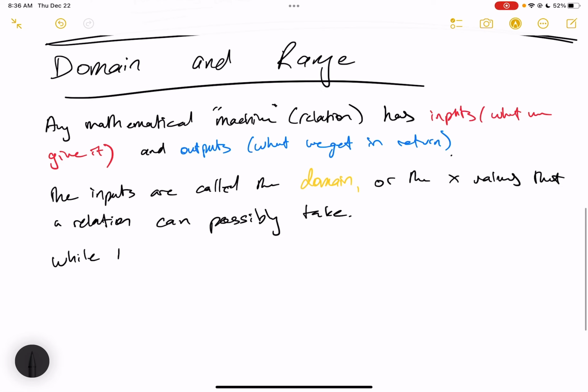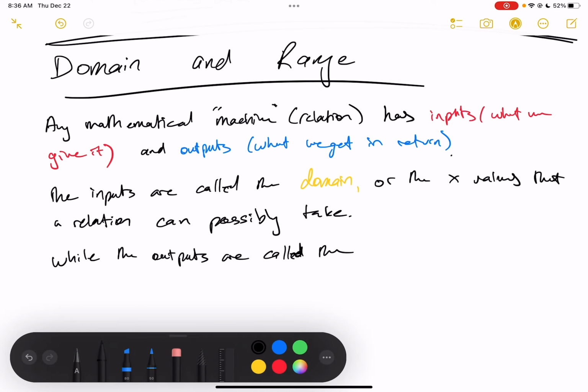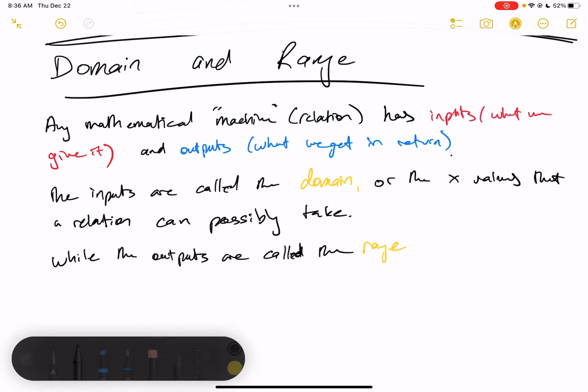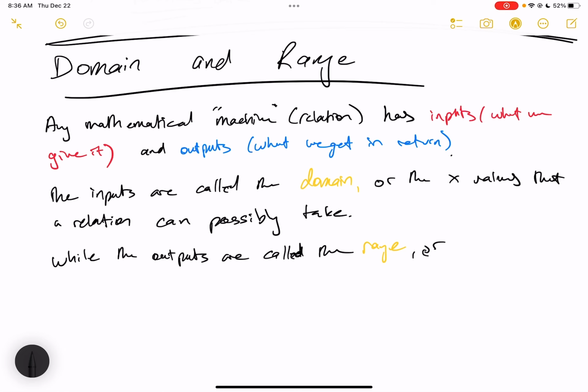While the outputs are called the range. Or you can probably guess based on the previous sentence, or the y values, that a relation can possibly take.